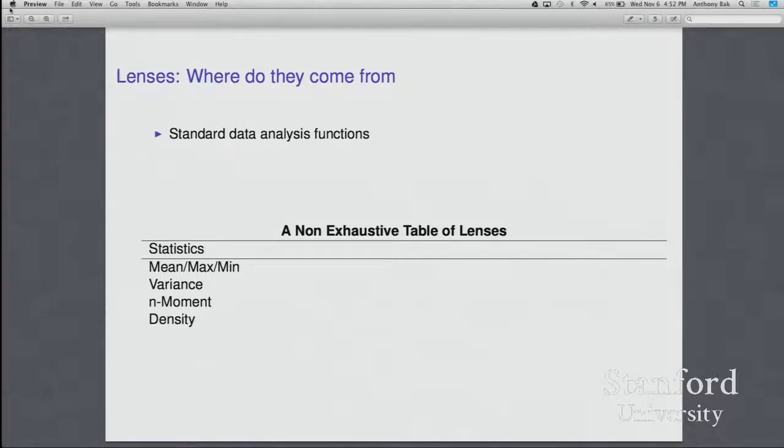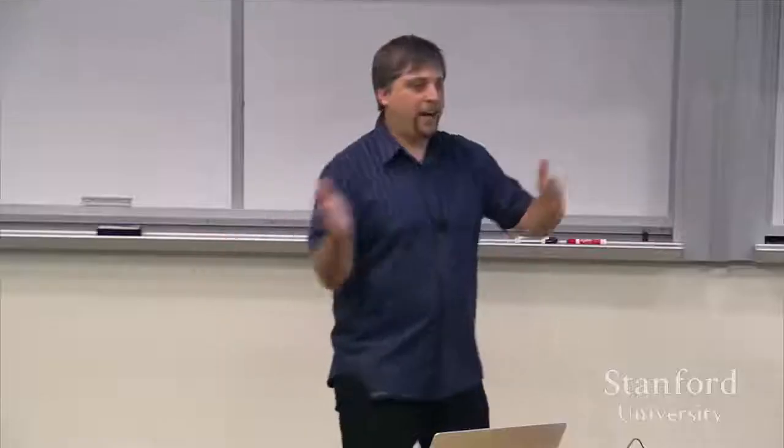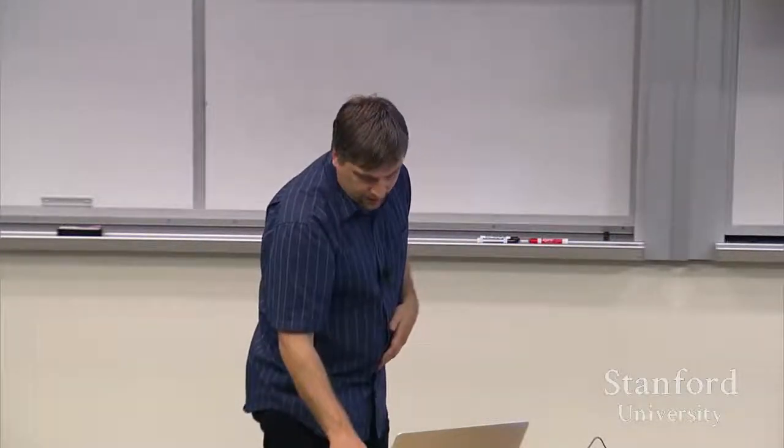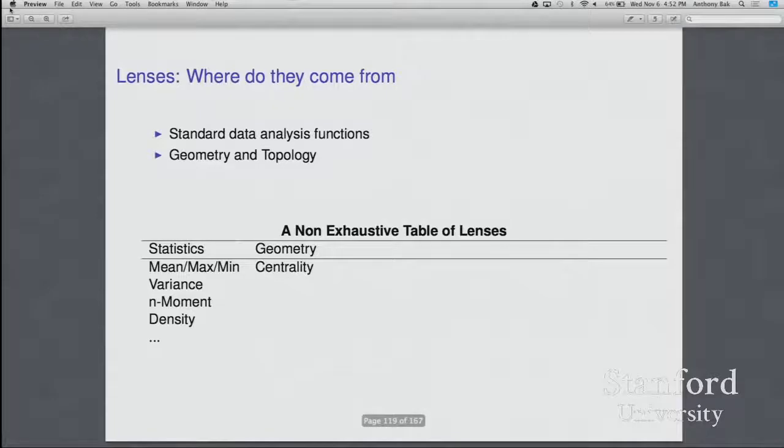So this here is where our framework starts to come in. We take all these existing data analysis tools, and we just say, nice, thank you, lenses. Well, lenses also come from geometry. One of the ones that we use a lot is centrality, which is also distance from the center of mass of your data.